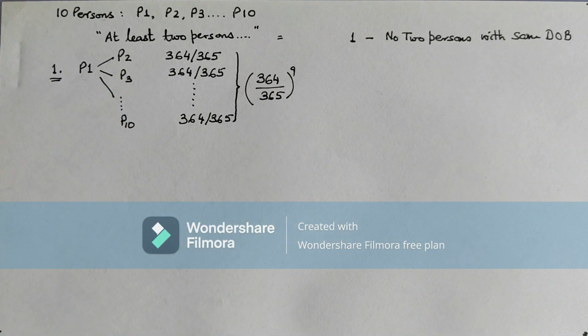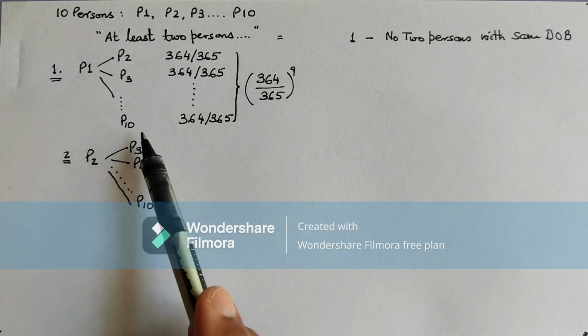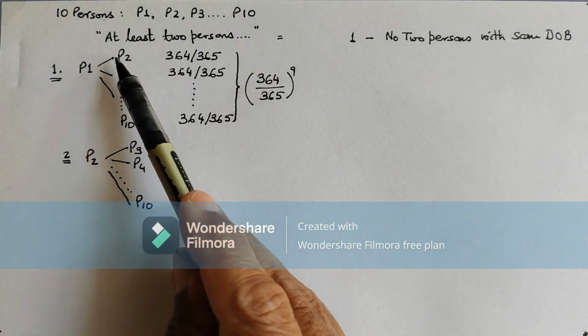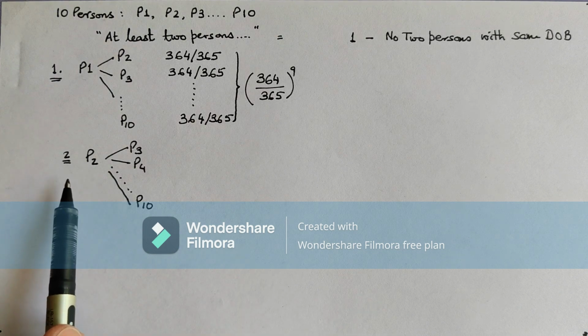Now we are done with person P1, exclude P1. Take P2 and pair him with each of the remaining 8 persons. We are excluding P2 pairing with P1 because that has already been done. Again, P2 will have some date of birth.